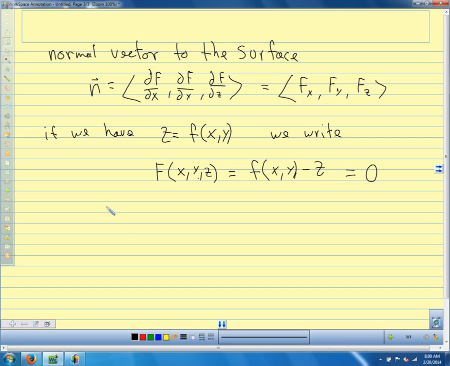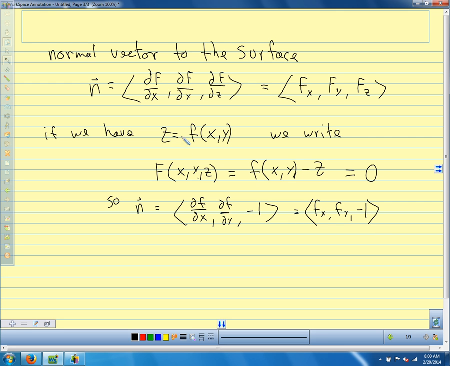And our normal vector, for a surface in this form, is going to be df dx, df dy, and -1, or f sub x, f sub y, -1.